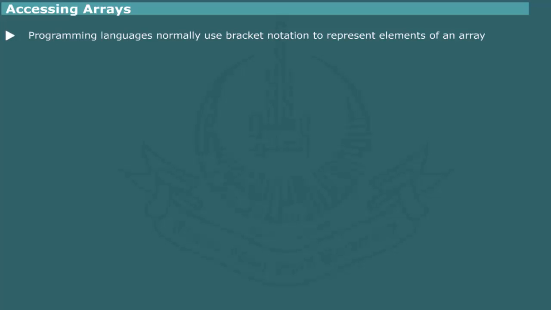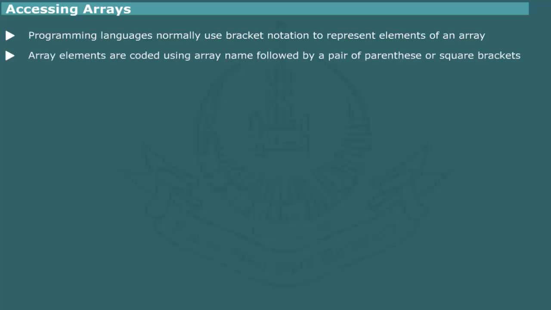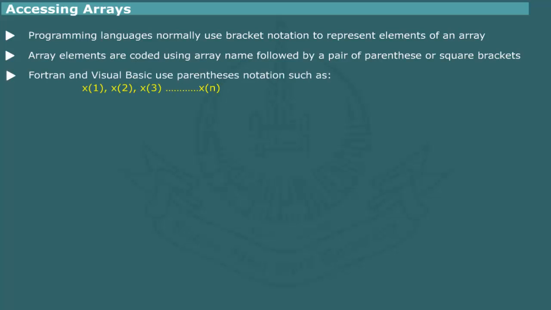The programming languages, however, use bracket notation for array elements. The elements are defined by the array name followed by either parentheses or a pair of square brackets that enclose the index value. Fortran and Visual Basic use parenthesis notations such as C, C++, and Java use square bracket notation. Thus, elements of array X are denoted by.